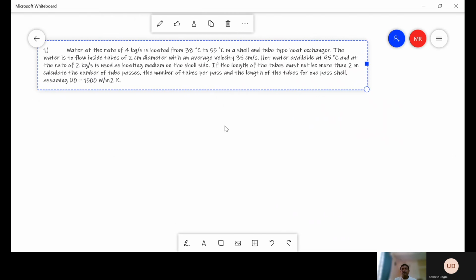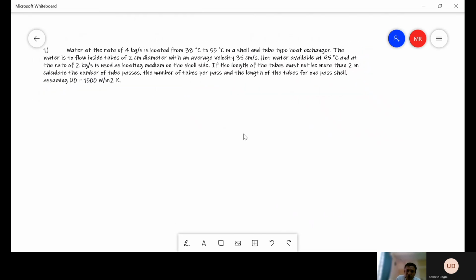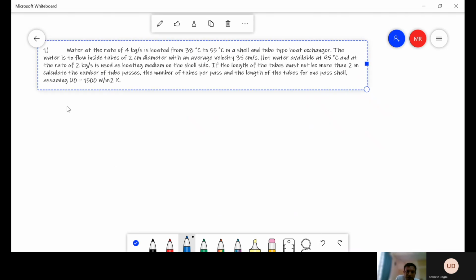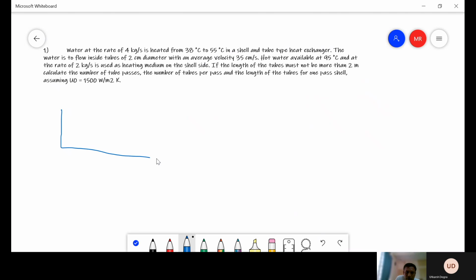Okay, so what is given here is, let me just draw the figure first, so then you will be able to understand things. There is a shell and tube heat exchanger like this.